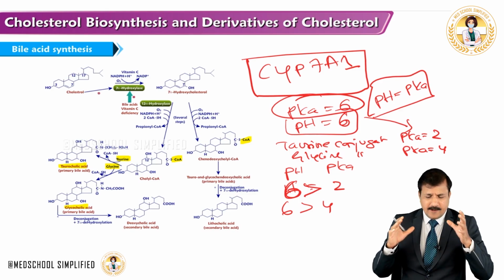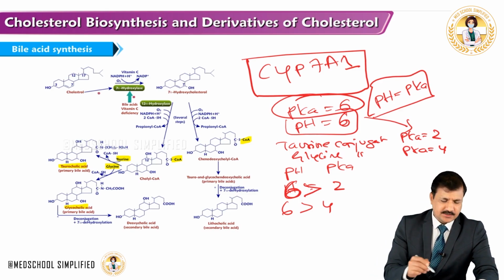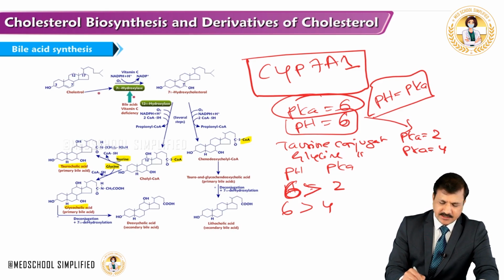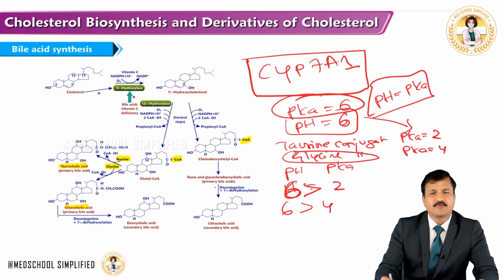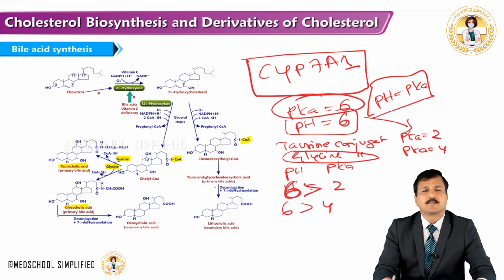Now, out of taurine conjugate and glycine conjugate, note that glycine conjugate is the predominant form of conjugated bile acids that we see in the gallbladder, which are going into the intestine for the emulsification process.